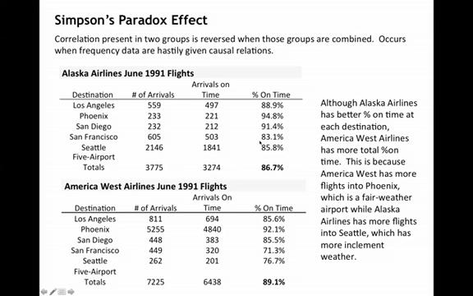And so although Alaska Airlines performs better on each of the destinations, because America West Airlines flies mostly into Phoenix and Alaska Airlines flies mostly into Seattle, when we aggregate that data, it appears that America West Airlines is a higher performing airline. And so this really changes how we interpret the data if we look at the individual pieces versus the aggregate.